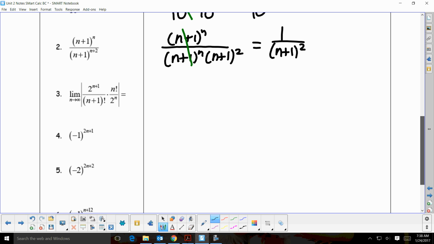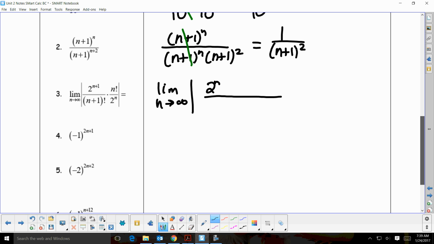So let's see if we can simplify the inside before we try to take the limit. Some of you guys are just going to start knocking them out without having to rewrite everything. Some of you guys will want to rewrite it all. I don't care. I'm going to rewrite it just for today. Once we get going, I'll just start knocking it out.